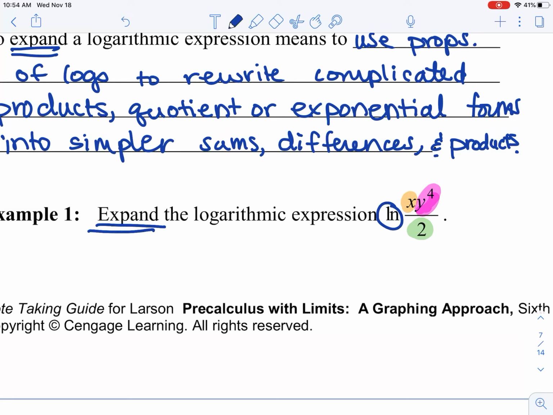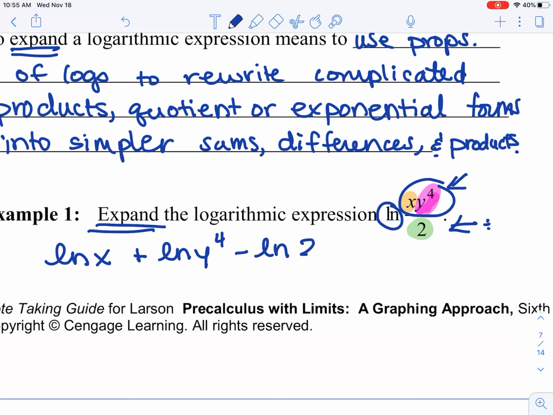So I'm going to go ahead and start with this. In the top here, that's a product. So we're really saying the ln of x plus the ln of y to the 4th. Okay, and then this division is really subtraction. So we're going to subtract ln of 2.